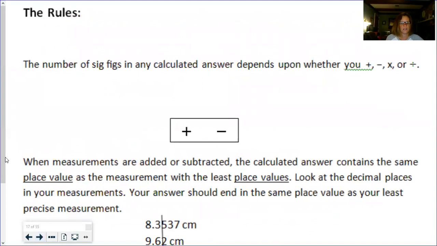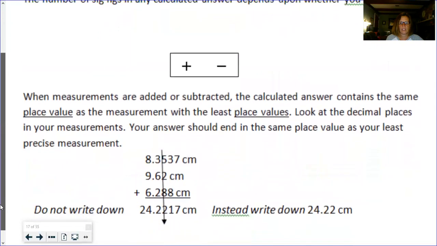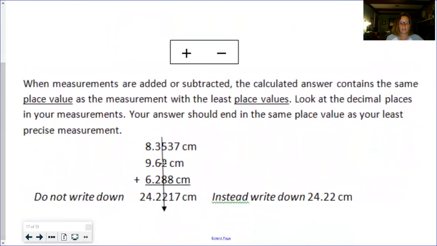All right, so let's just recall the rule for addition and subtraction. You line up the numbers that you're adding or subtracting, do the calculation, and then round to the least precise place value.